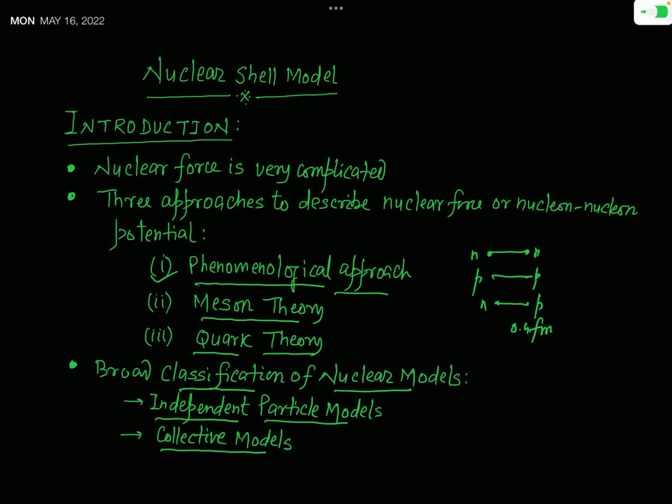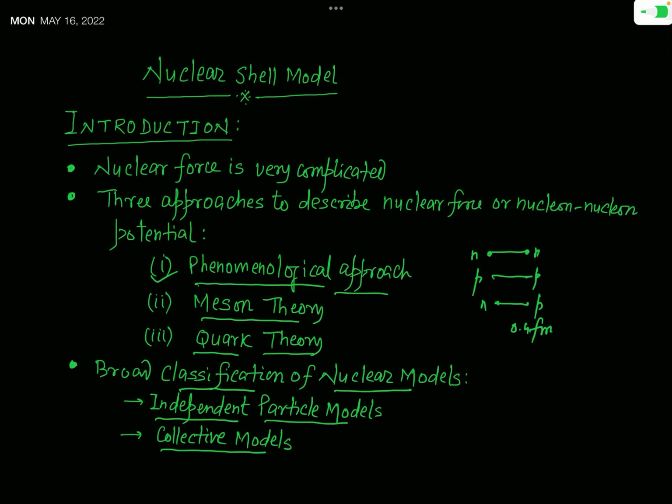The shell model actually works well for nuclei with closed shells or with a few nucleons outside the closed shells. For nuclei midway between the closed shells, collective excitations are more probable. Some nuclei exhibit a rotational spectrum, some a vibrational spectrum, and some a combination of both.